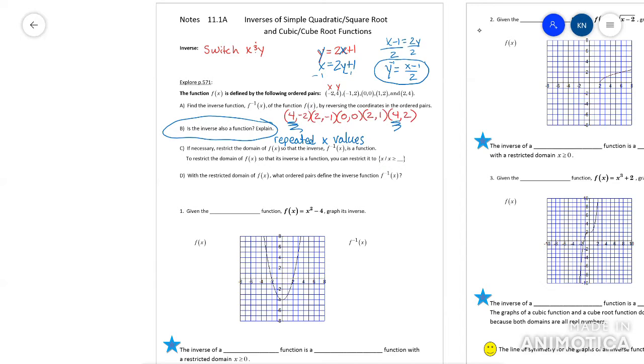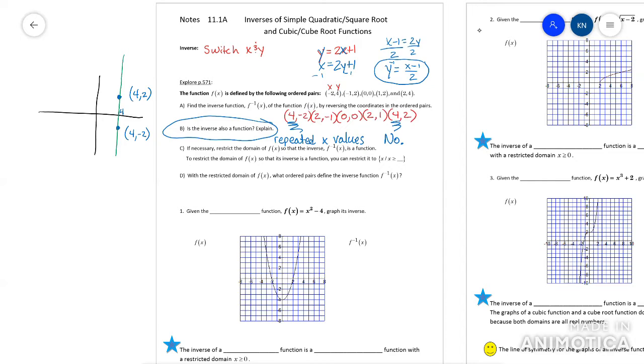That means it's not a function, because you have one coordinate at 4, -2 here, and you have one at 4, +2. And you should know from Algebra 1, in order for something to be a function, it must pass the vertical line test. This one fails it. So that's why if you have repeated x values, it's not a function.